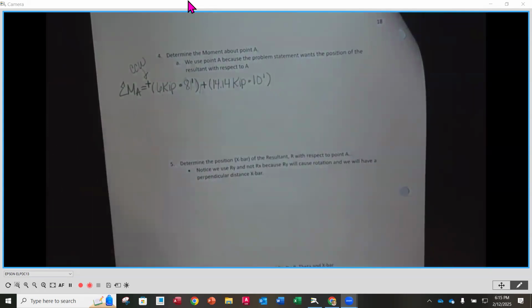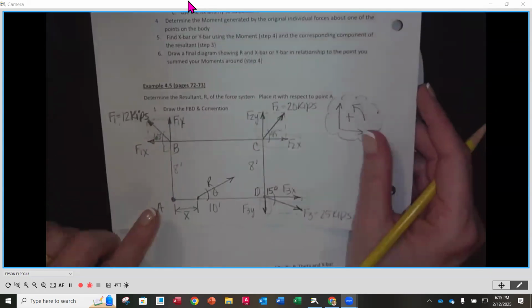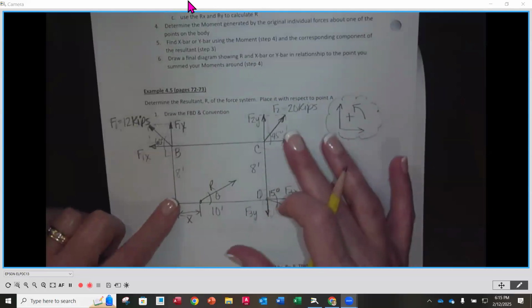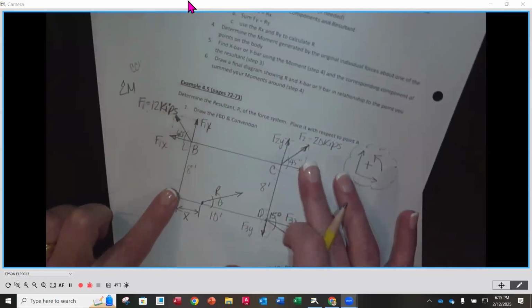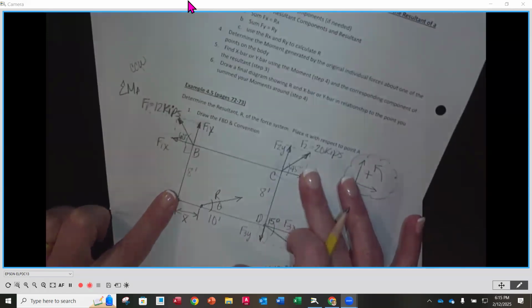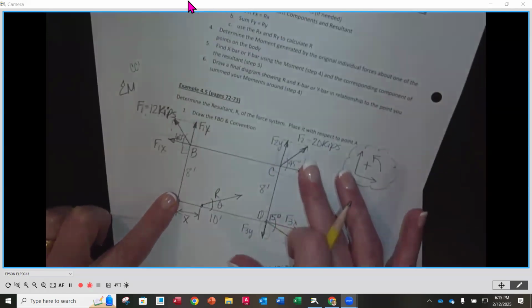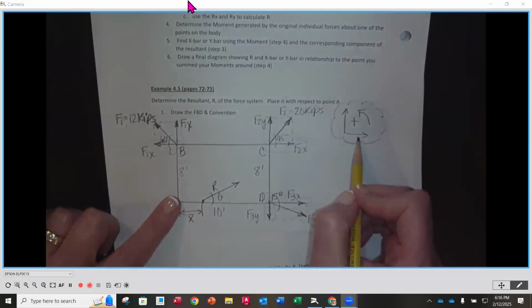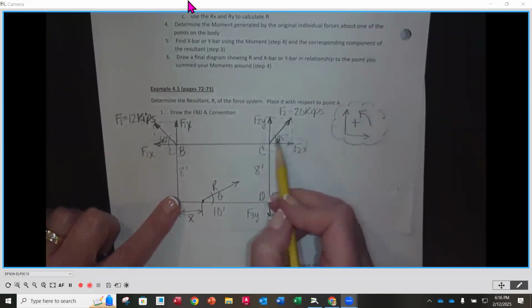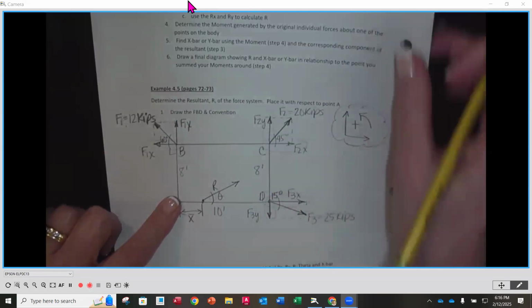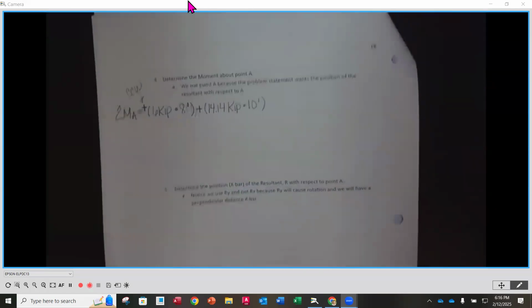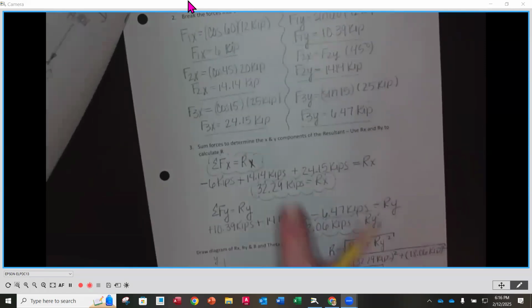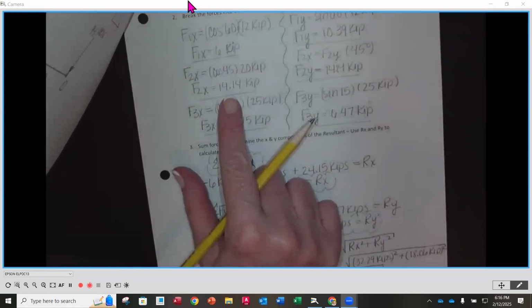Next force. Put our finger back on A. Go back up here. Let's check the X component of F2. Yep, that's causing rotation. This time we're rotating clockwise. That's going to be a negatively directed moment. The force is going to be F2x. The magnitude of that force is going to come from over here, 14.14.